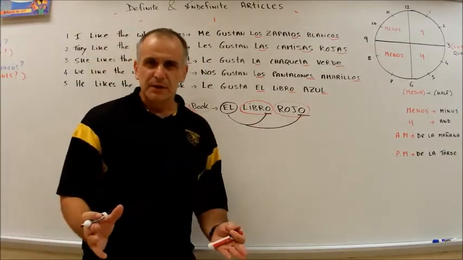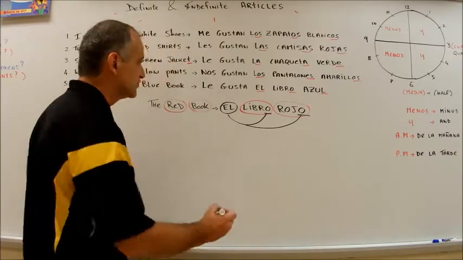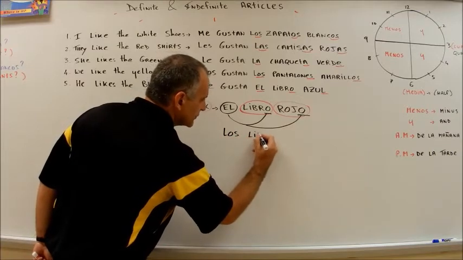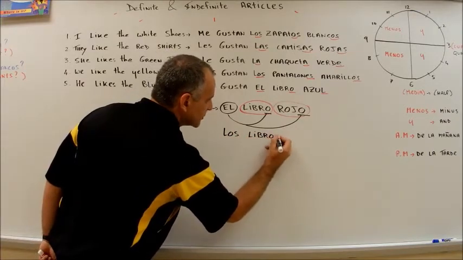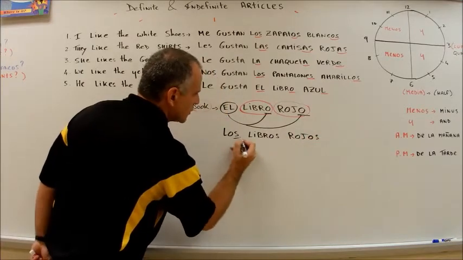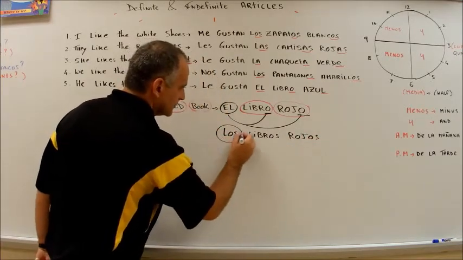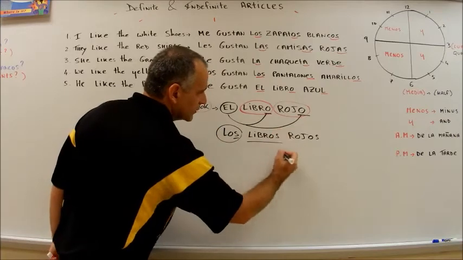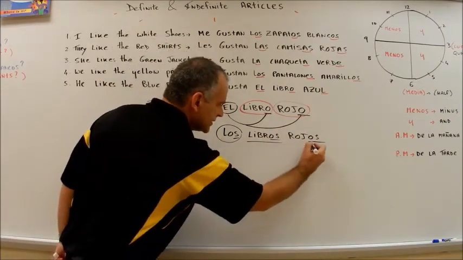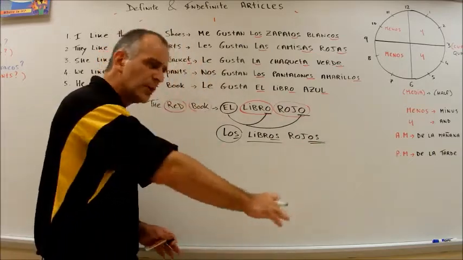What if you want to say the red books? Same deal. You're going to go from el into los, and then libros. Alright, so you're going to say los libros, and then rojos. So what you're showing here to me is the quantity with the article, quantity with the noun, quantity with the adjective. And guess what? OS, OS, and OS. It goes all the way through.